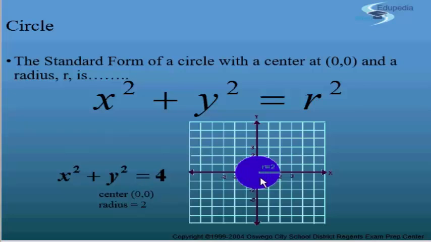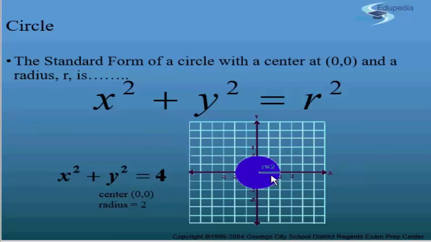If you want to find out what x and y are, let's take a value of x and y over here. So x is 2, and y is 0. If you put these values in this equation, it's going to be 2 squared plus 0 squared, and the answer is going to be r squared is equal to 4, which gives you r is equal to 2, which we already discussed before.